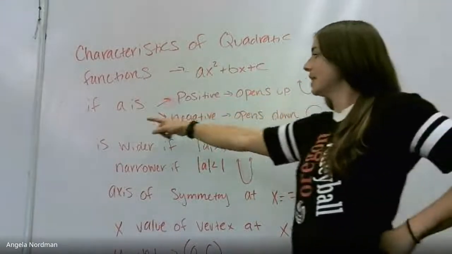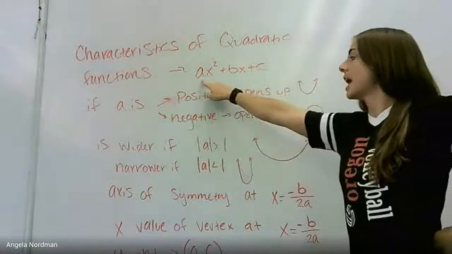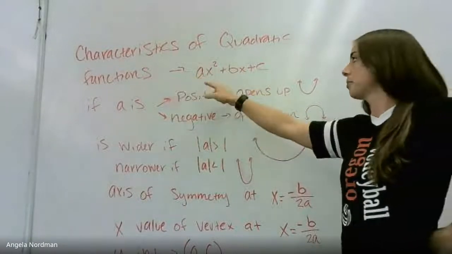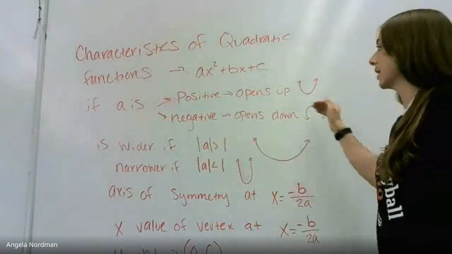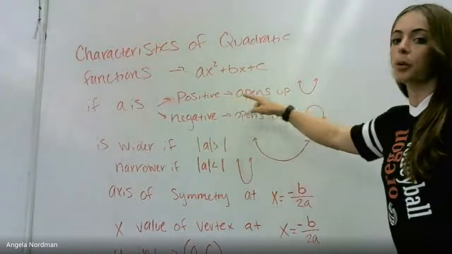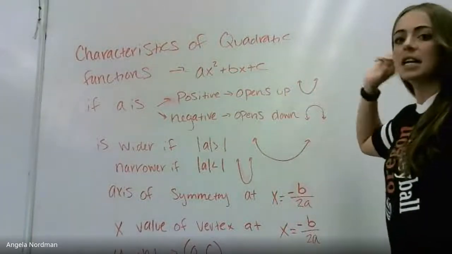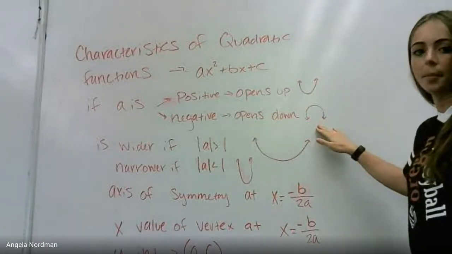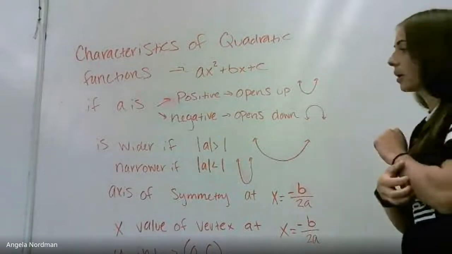So if the a is positive, so this a is going to turn into a constant, just like in some of our examples, it might be a 2x squared or 5x squared, but basically, if it's positive, the parabola is going to open up. If that a is, say, a -3, that a is negative, so it's going to open down, okay?